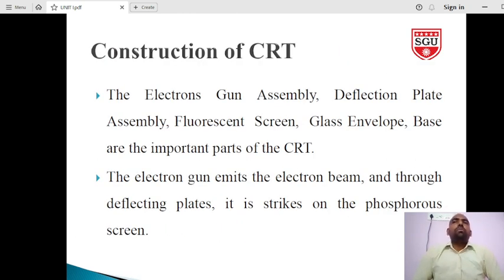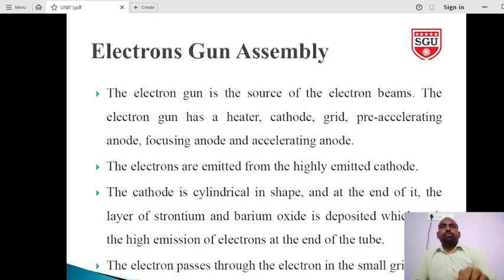Construction of CRT. The electron gun assembly, deflection plate assembly, fluorescent screen, glass envelope, and base are the important parts of the CRT. The electron gun emits the electrons, and through the deflecting plates, they strike the phosphorus screen. This is the simple principle used for CRT displays.